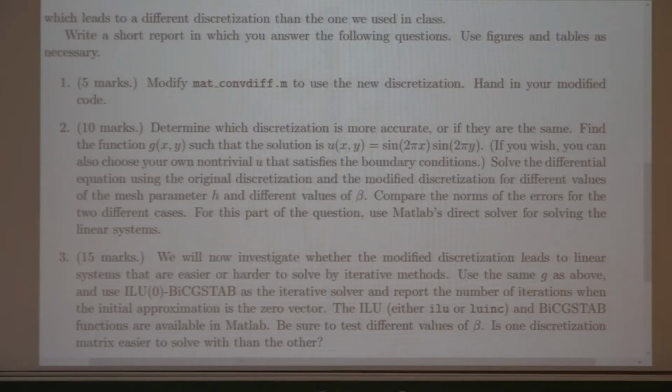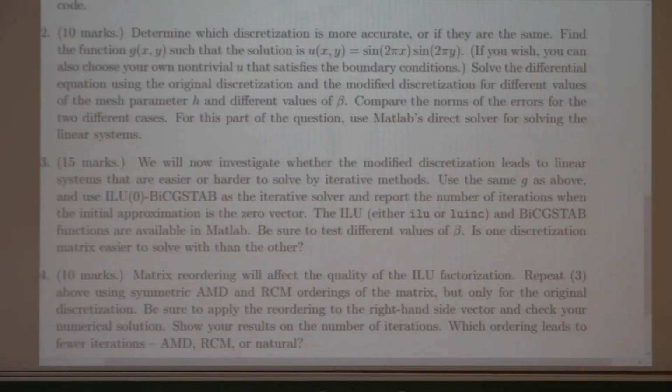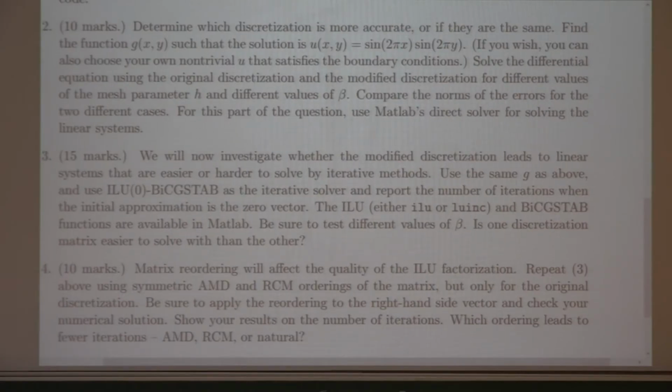Please use figures and tables so that we can see your results clearly. The first question is, which discretization is more accurate? To answer that, let's solve the differential equation for a solution that we already know. If you choose this solution, you can integrate this twice for the right-hand side, right?